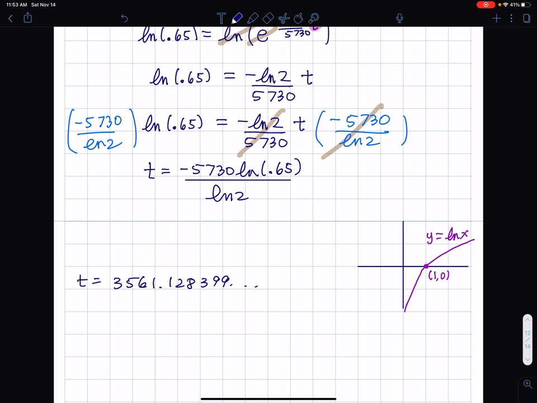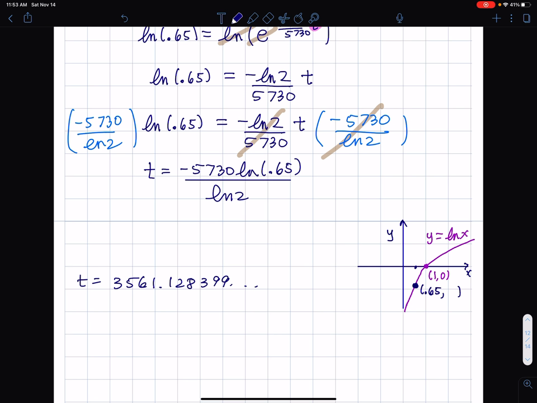Now, where is 0.65 on this graph? This is like 0.65 for x. For y, I don't know, but notice it's negative.